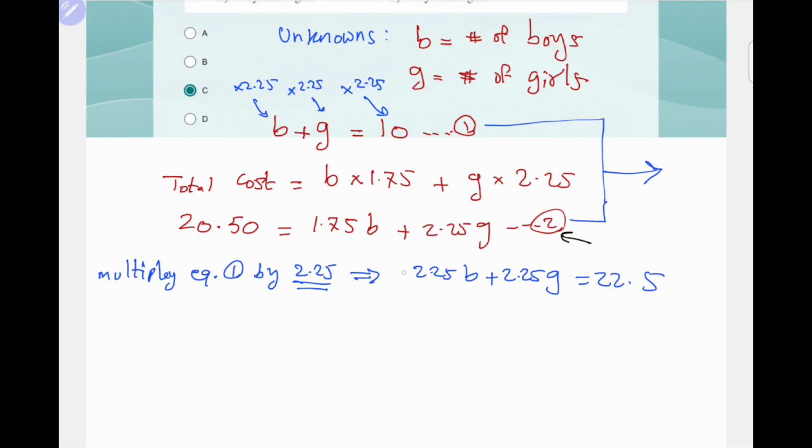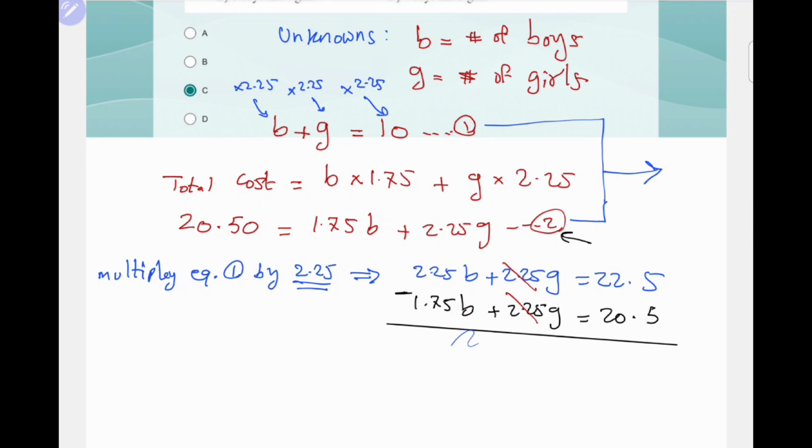So now subtract from this equation 2. So we will have 1.75 B plus 2.25 G equal to 20.5. So this will be subtraction, and if you subtract, the G terms cancel out. 2.25 minus 1.75 is just 0.5 B, equal to 2.5.